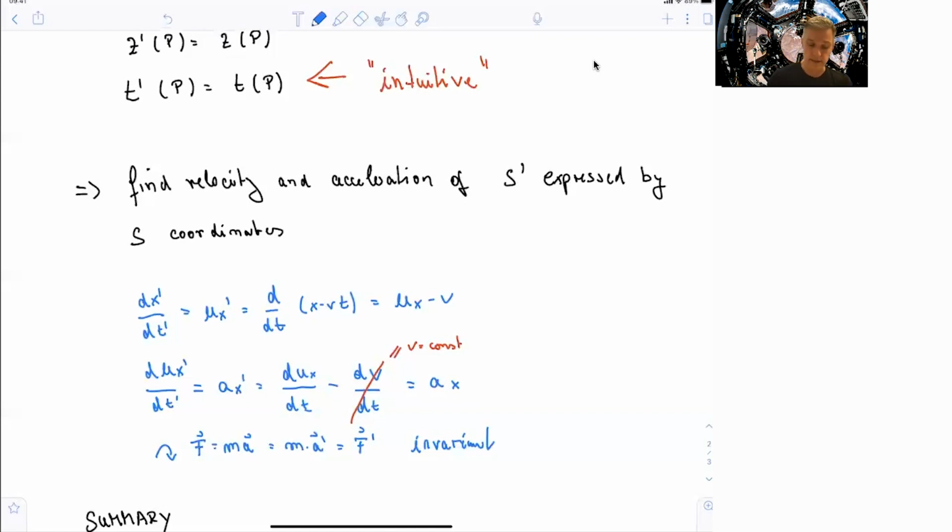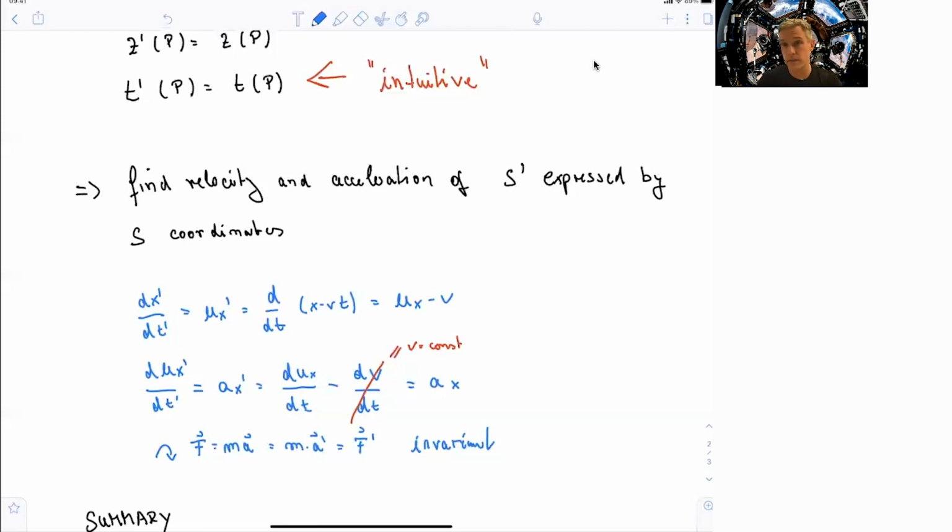If I then build the acceleration, I have to build the derivative of ux prime, which is our velocity in the primed frame. Here again, I just do this in the x direction because the solutions for the y direction and z direction are trivial. So now I find dux/dt minus dv/dt.